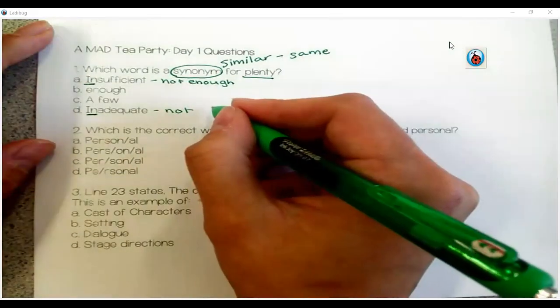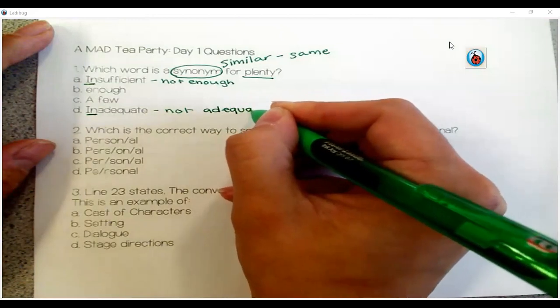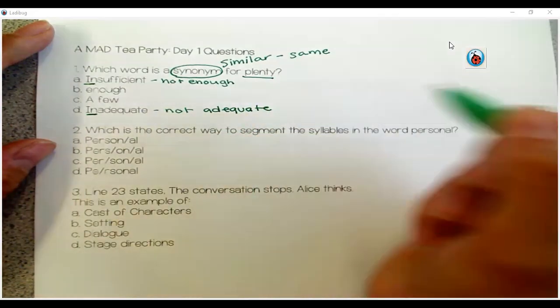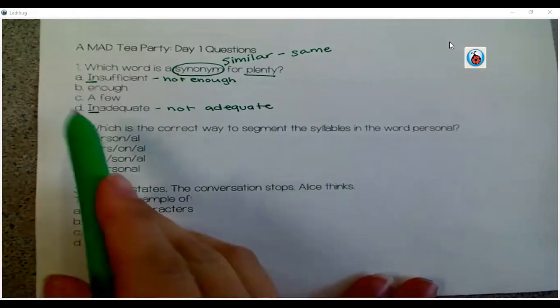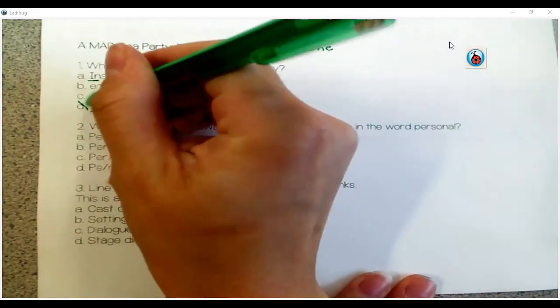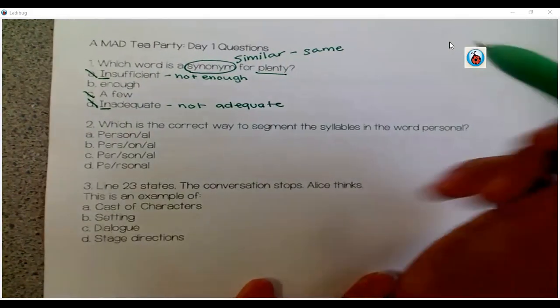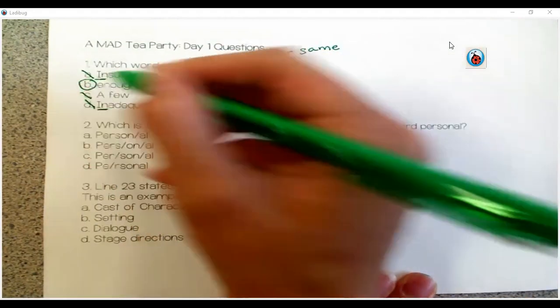So this means not adequate. You could also say that it's related to not being enough. So I know that there's three things here in this first question that have similar meanings: inadequate, a few, and insufficient. So that tells me that the only answer choice for synonym for plenty is B, enough.